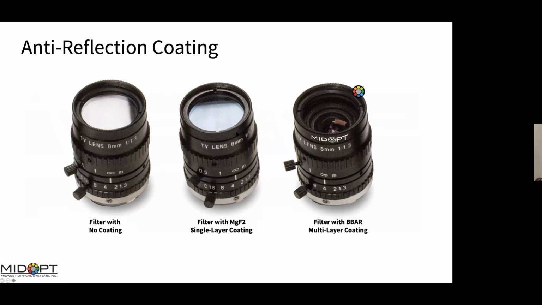And this last filter has a multi-layer broadband AR coating, which you can see has almost no reflection. It almost looks like there's no filter there, but I assure you that there is. So anti-reflection coatings are very important to have on your optical components to improve their efficiency.